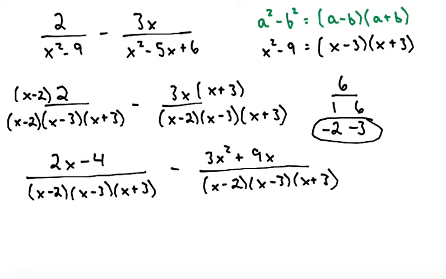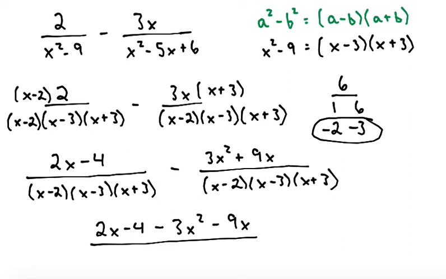So we'll make this all one fraction, 2x minus 4, minus, make sure to distribute your negative to every term in the numerator. So minus 3x squared, and also minus 9x, because it has a plus, so we have to change its sign. We'll bring down the denominator.